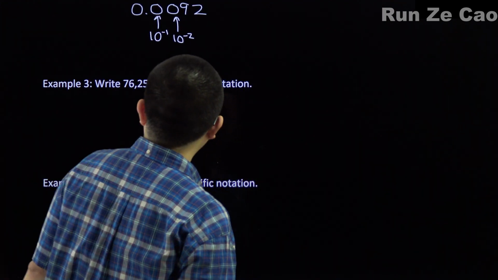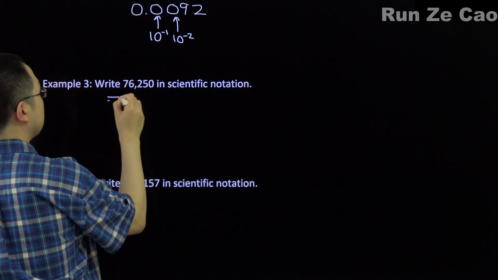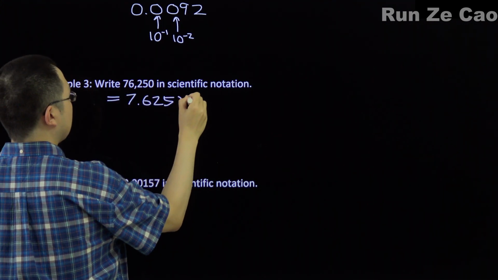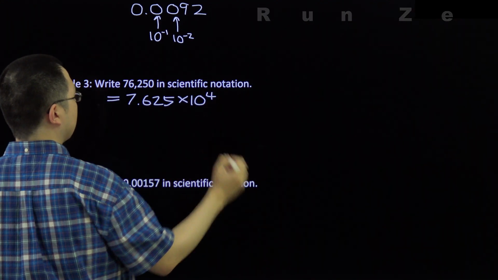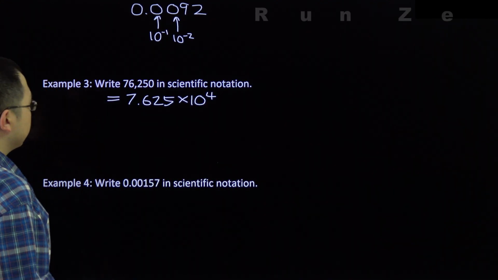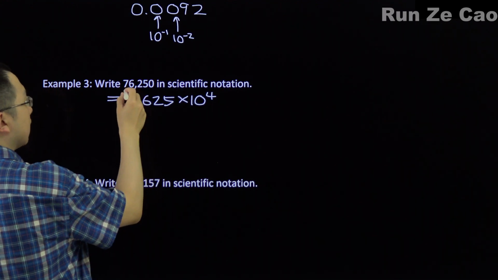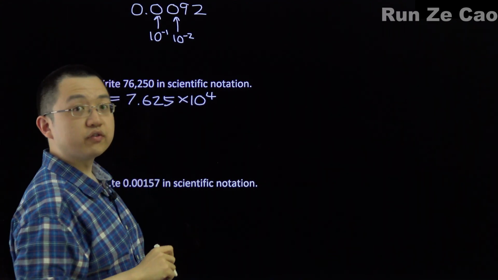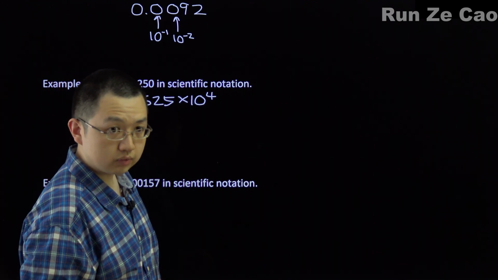76,250 in scientific notation is equal to 7.625 times 10 to the fourth, because there are 4 digits after the first one, the first non-zero digit.